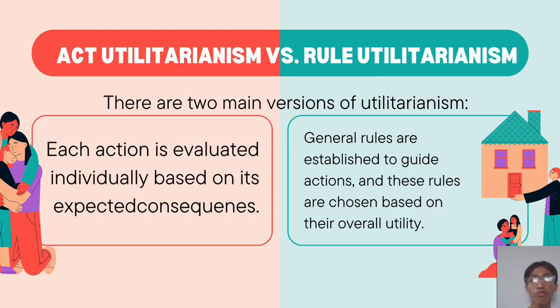So if your friend was hiding in your house from a murderer and the murderer knocked on your door wanting to know the location of your friend, rule utilitarianism states that you should reveal the location of your friend because lying is wrong. If that sounds strange and wrong to do, then you're not alone, because rule utilitarianism leads to seemingly immoral situations sometimes.